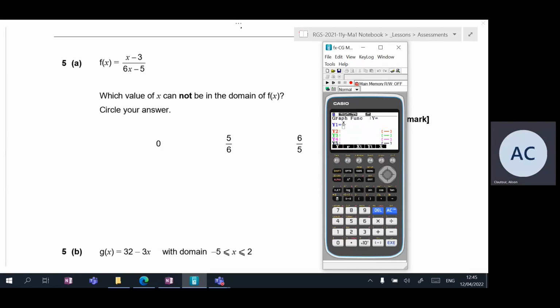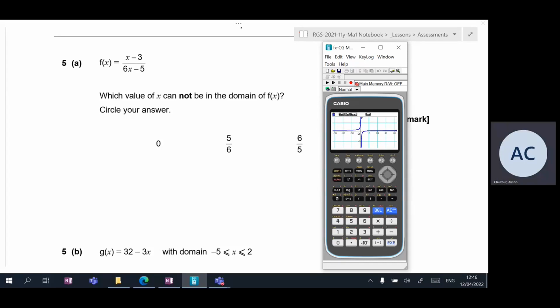So x minus 3, 6x minus 5. Okay, so we can see, there we go. It is a reciprocal graph and it's got a horizontal and a vertical asymptote.